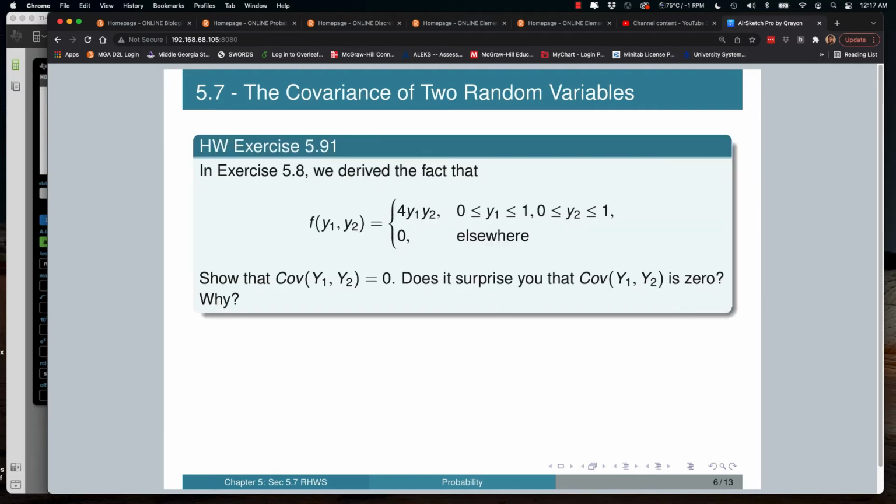Also, that one rule said that if we could break the function down into two parts, where f of y sub 1, y sub 2 could be described as a function g of y sub 1 times h of y sub 2, and that all depended upon these being separate like this.